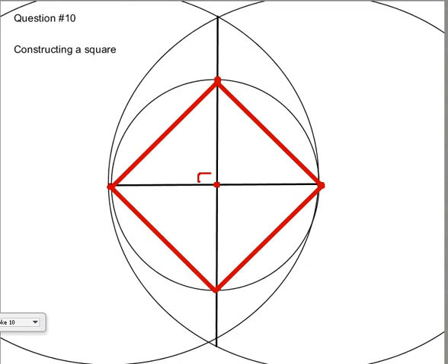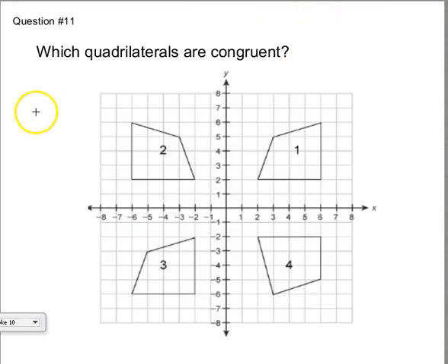Pretty cool. And then problem number 11, you need to prove which quadrilaterals are congruent. Again, you could totally use rigid motions to help prove quadrilaterals congruent. You can also prove distances, but I would use rigid motions.